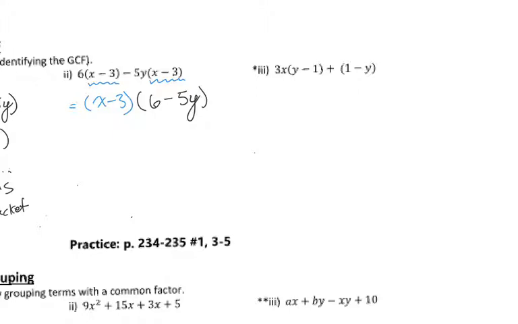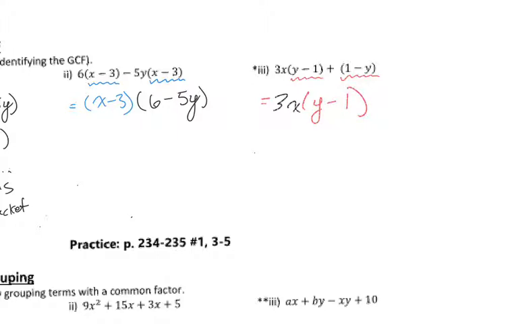Let's do it again. So the GCF in our case is now going to be y minus 1. And now, in order to make the second bracket of 1 minus y turn into y minus 1, we're going to rewrite our problem to be 3x. Now notice I'm going to put y minus 1 in red.